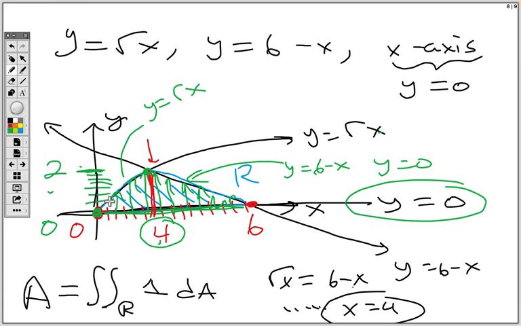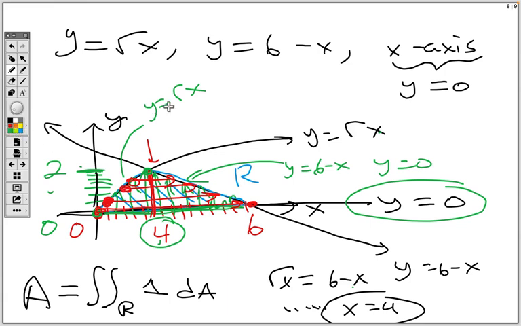So for a fixed y, x is going to start here and go from left to right. Now for us, the leftmost curve is always the same, and the rightmost curve is always the same. But what I need is to know what x is in terms of y. In other words, if I pick y equals 1, I need to be able to figure out what the x is going to run between.